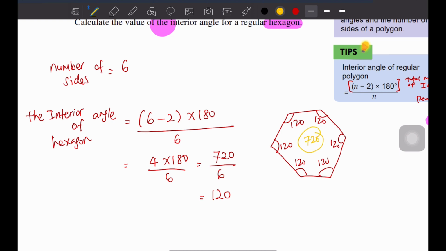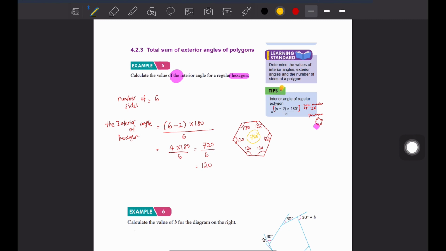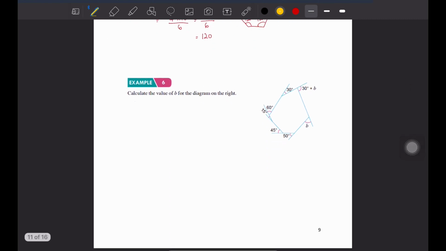Boleh. So maksud dia kalau awak kira yang atas ini, awak akan dapat total semua dia. Tapi kalau kita nak salah satu saja, so kita kena bahagikan dengan bilangan dia supaya kita dapat nilai satu bucu ini. Okay, boleh.